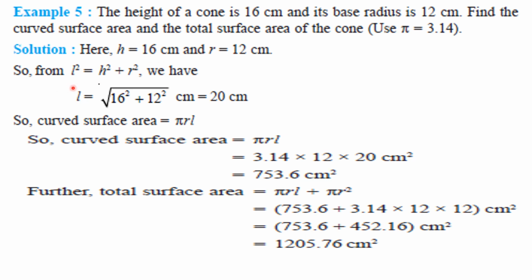So we know this relation between L, H and R: L square is equal to H square plus R square. So from this relation, we have to find the value of L, because to find the curved surface area of a cone, what is the formula? Pi r L. Yes or no, my children? That is why we are finding the value of L.